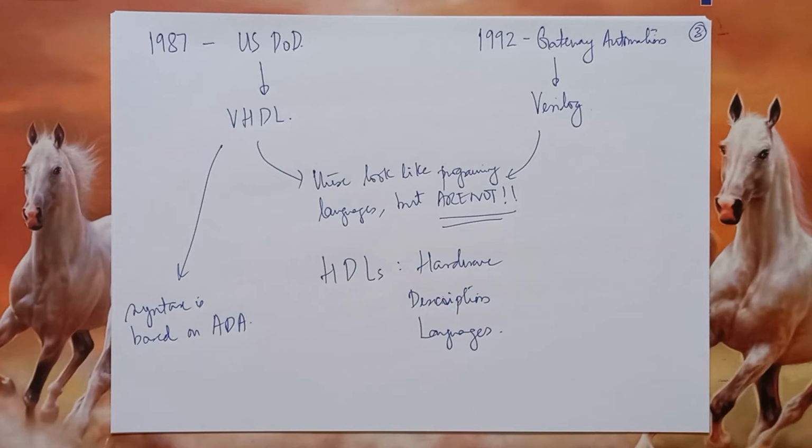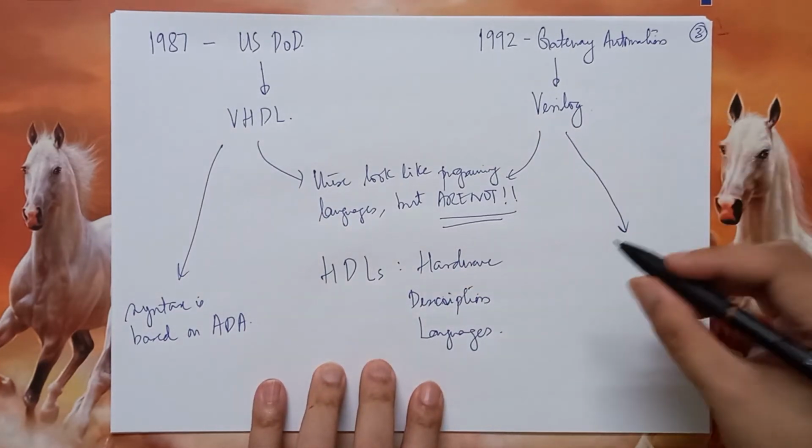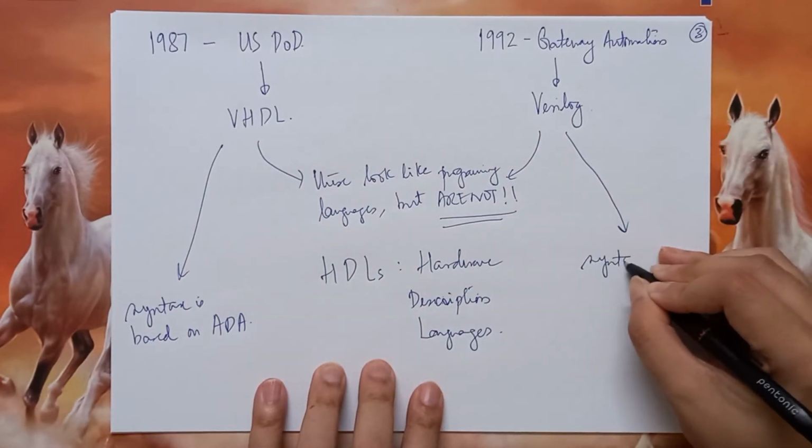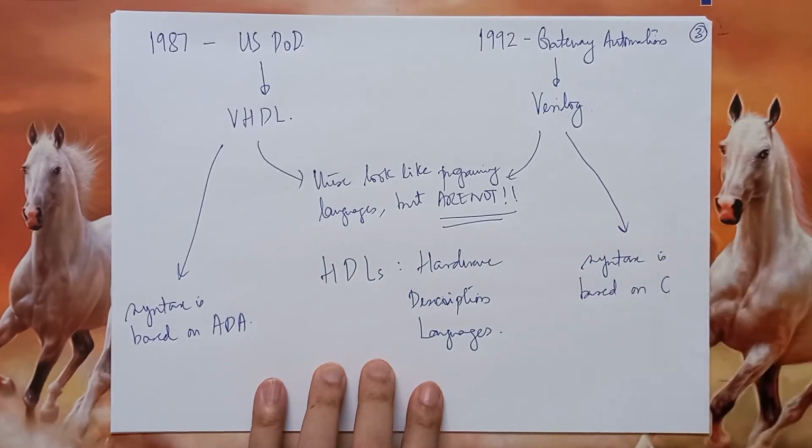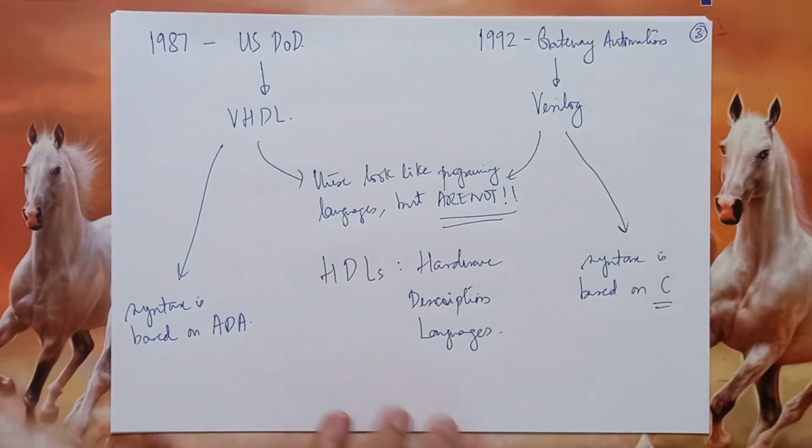And Verilog is the language whose syntax is based on C. And C is still used in many places. And C is something that many of us do learn at an introductory level.